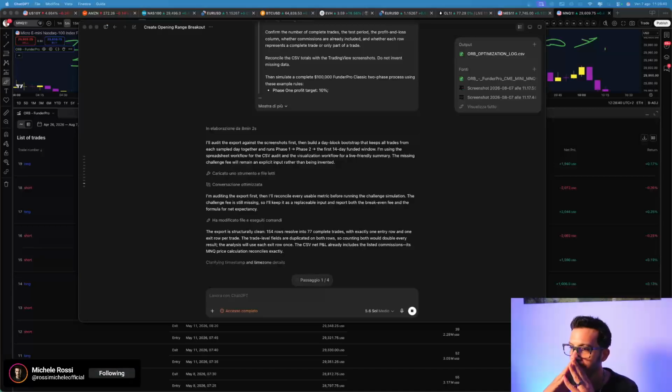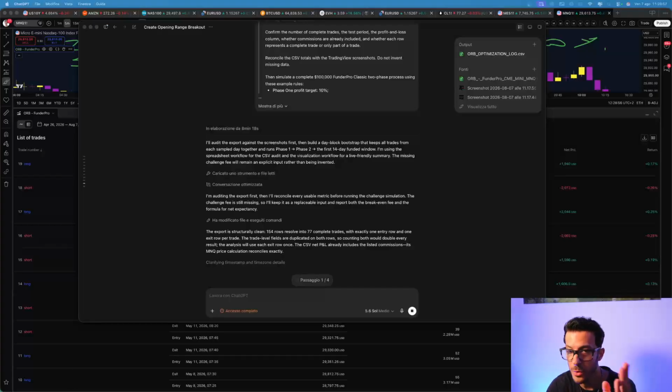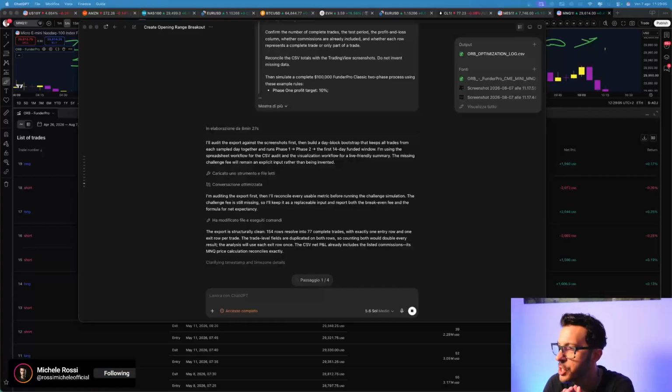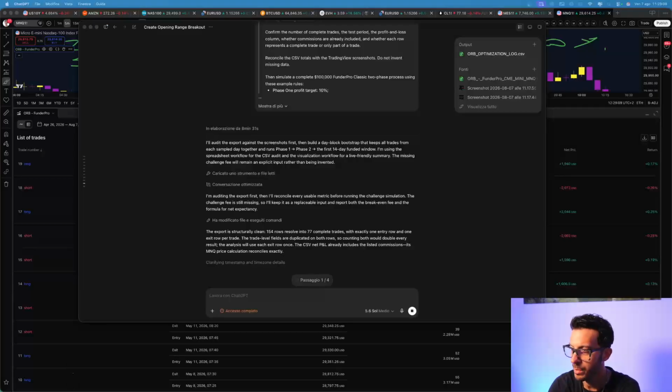And the most interesting part is that we can repeat the entire experiment with different risk levels, different strategies, different types of challenges, instant funded, futures. So let's say at 1% risk per trade, the strategy can reach the target more quickly, but the losses also become larger.